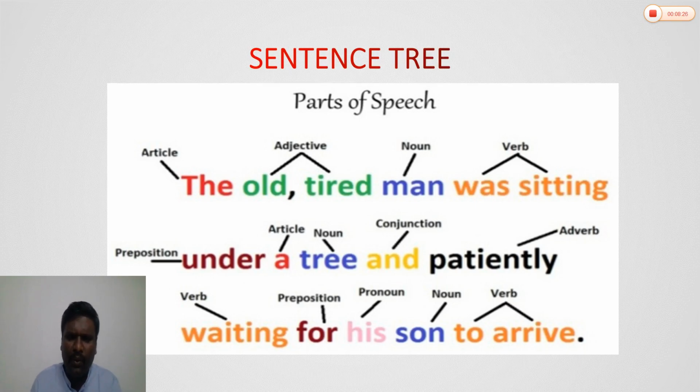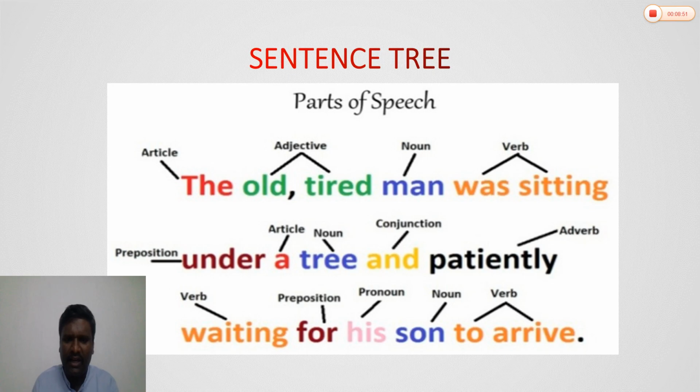For example, the old tired man was sitting. The word the is an article, old is an adjective, tired is an adjective, man is a noun, was sitting is the verb. So once you understand parts of speech, you will be interested to dissect each and every word in a sentence.